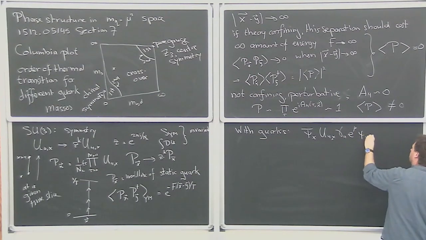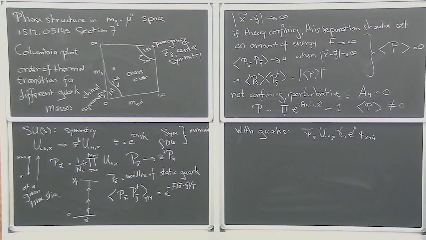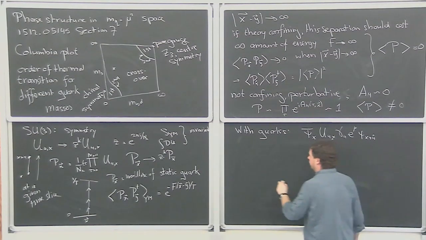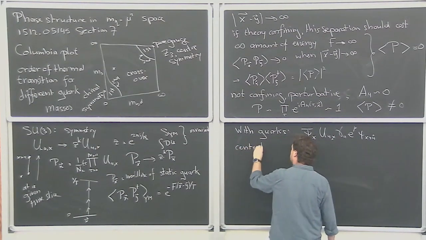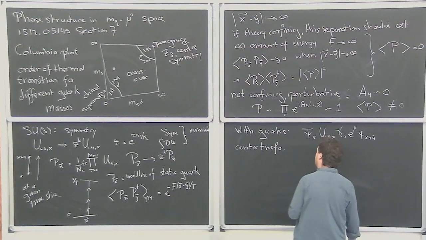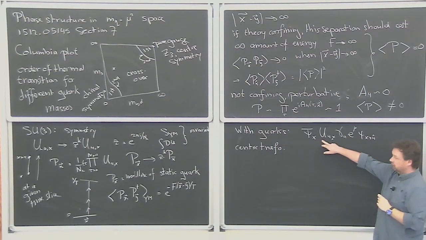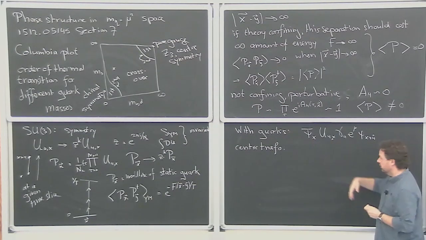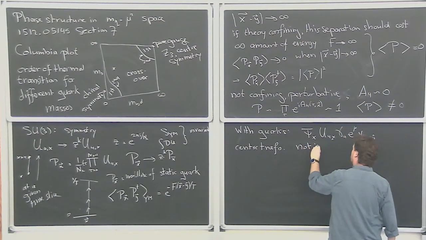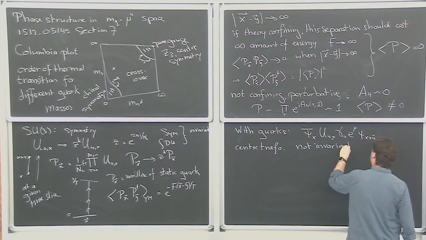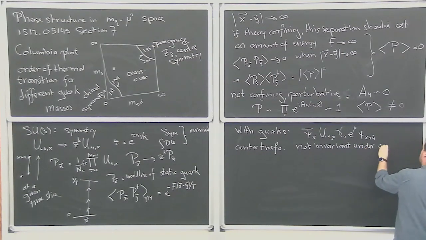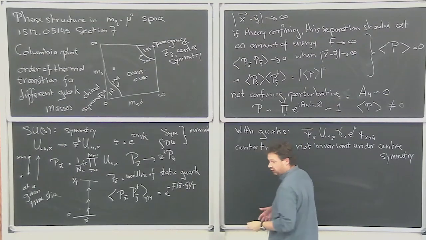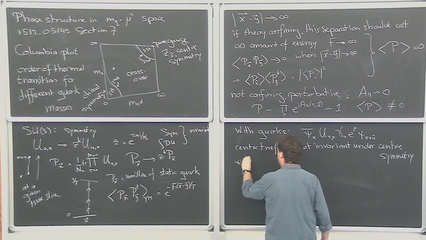And if I now do this center transformation, the fermionic action is not invariant, because I multiply this link with one factor of z, or z to the power k, and it is not compensated by something else. So this is not invariant under the center symmetry. And so now the symmetry is not potentially spontaneously broken, but it's explicitly broken.